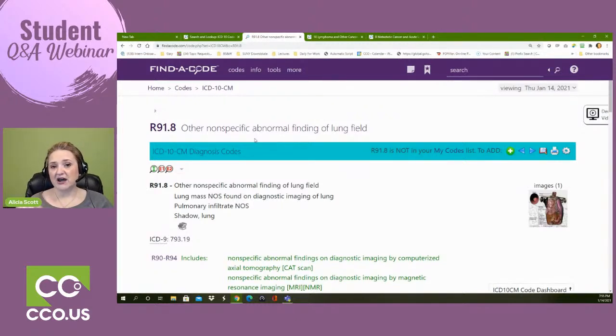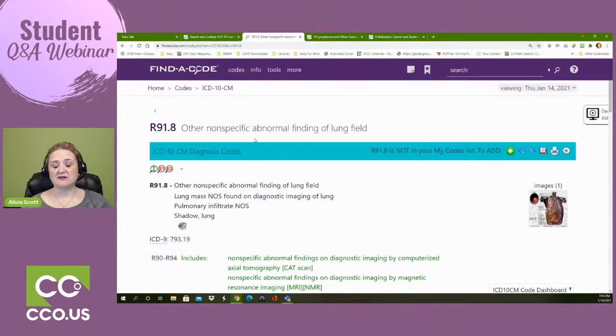So if the provider states the patient has a tumor, a cancerous tumor in the lung, this mass is cancer, then it's lung cancer unspecified. Right?